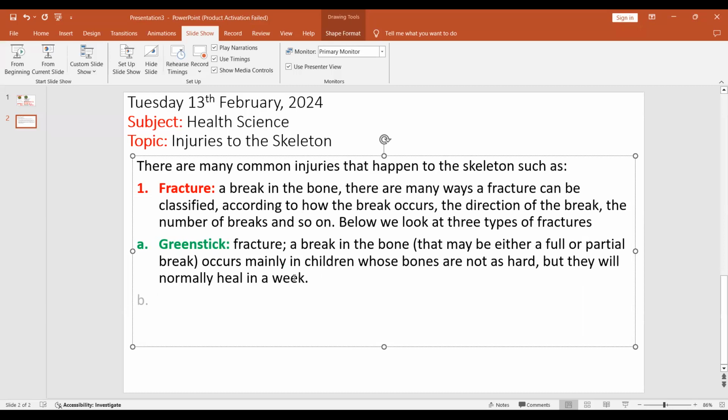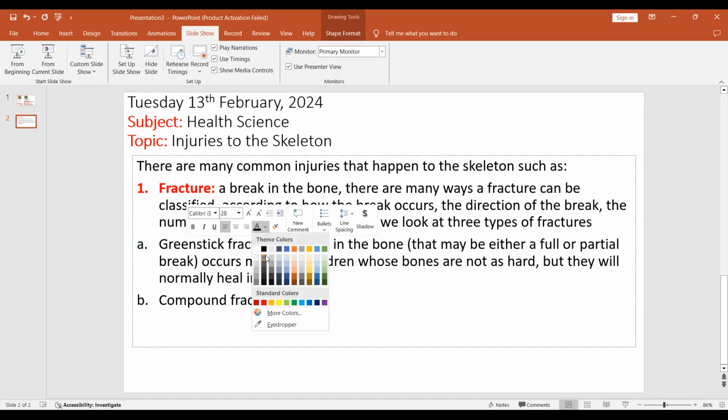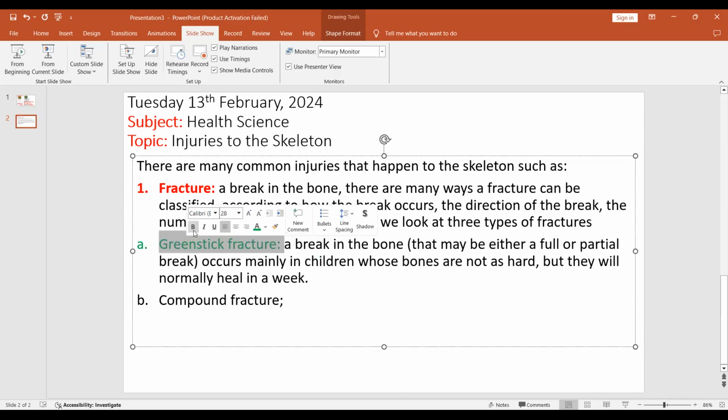All right, then the next one is compound fracture. It's actually supposed to say green stick fracture above, so let me correct that.